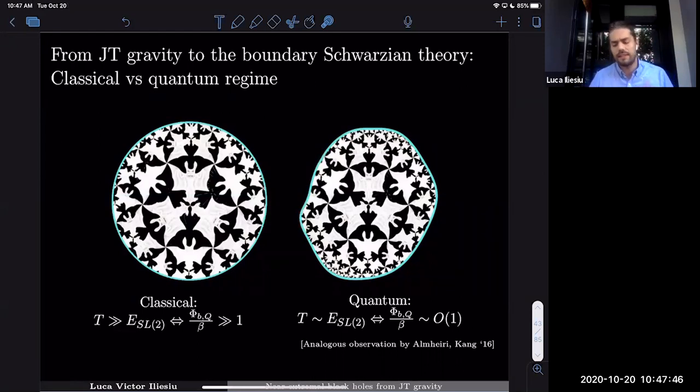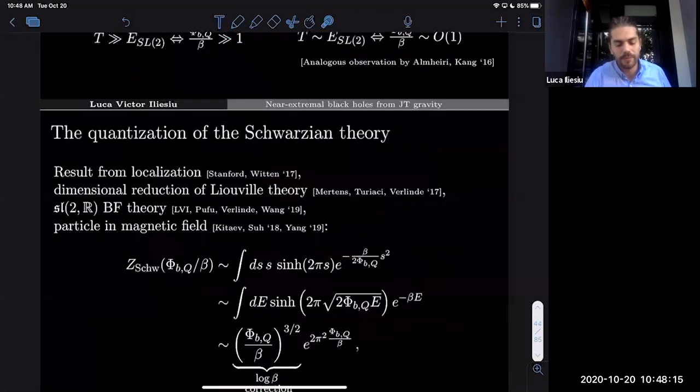And this fact, that E_SL2, the previously conjectured gap scale, is the scale at which this mode becomes strongly coupled, was previously identified by Almheiri and Kang in 2016. But here we'll go further and actually show that one can still perform the path integral, even in the presence of gauge fields and Kaluza-Klein modes and so on and so forth.